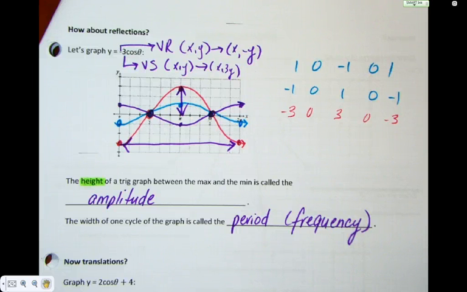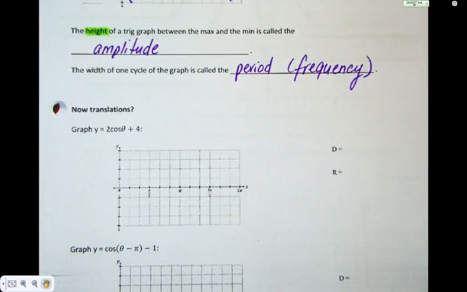Okay, so we did stretches, compressions, we've done reflections. How about translations? Base graph. Take away the numbers. What do you see? Okay, draw it.